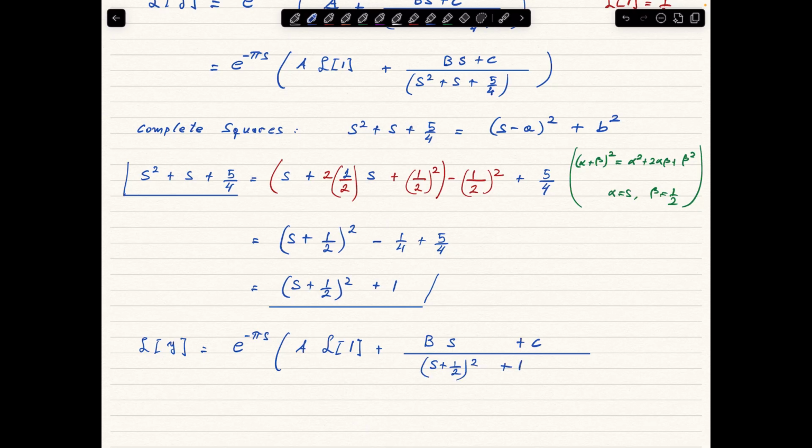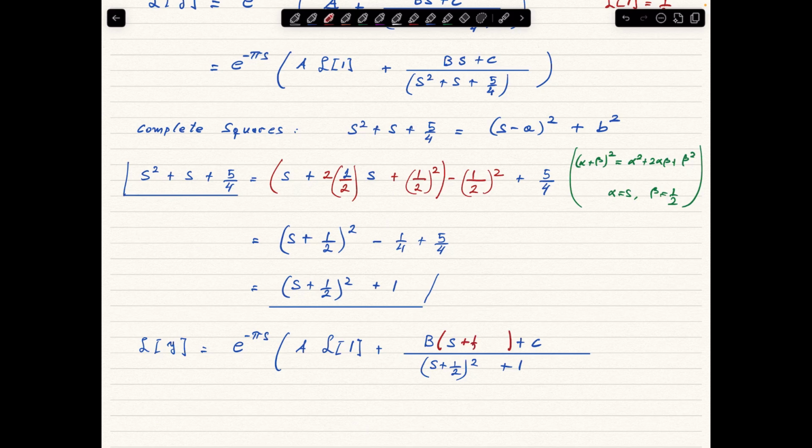And notice that what we have here is the denominator of the Laplace transform of the cosine shifted by 1/2 to the left. So if we have plus 1/2, we need to put it here. That's why I left the space, because b is going to multiply now all this.